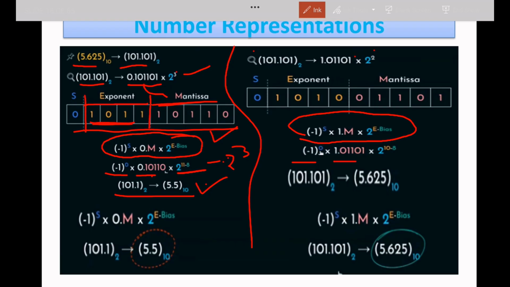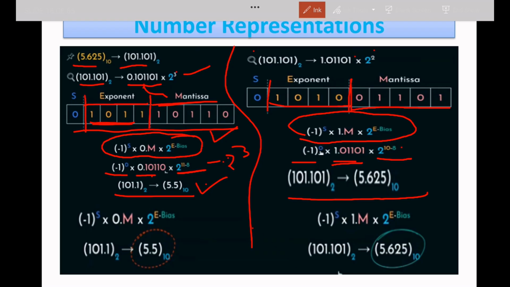My mantissa is 01101. And 2 to the power e minus bias, where e is the exponent: 1010 is 10, so 10 minus bias, and bias is 8. So I got my value, 5.625.